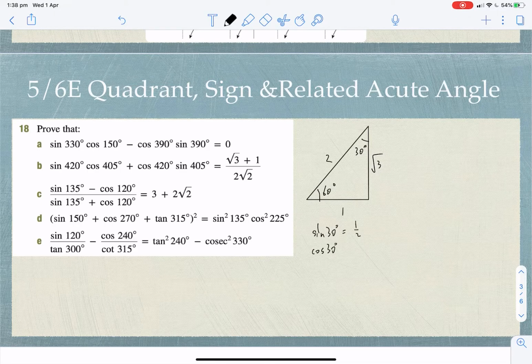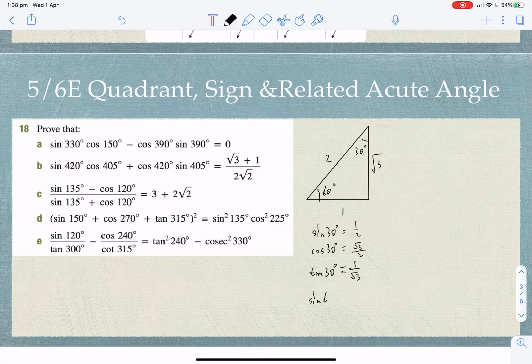Cos 30 degrees is root 3 over 2, and tan 30 degrees is 1 over root 3. I'm not going to simplify this for this question because when I did this, they don't really rationalize it. If you rationalize it, you need to do both left hand side and right hand side. So no point. In this case, I'm just going to leave it like that.